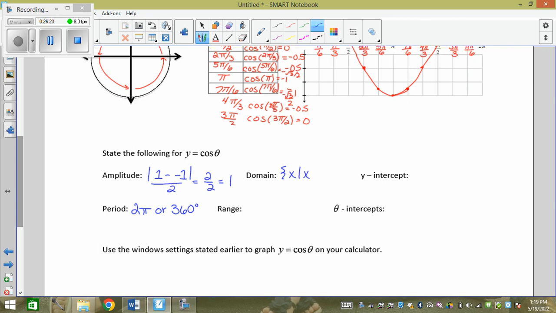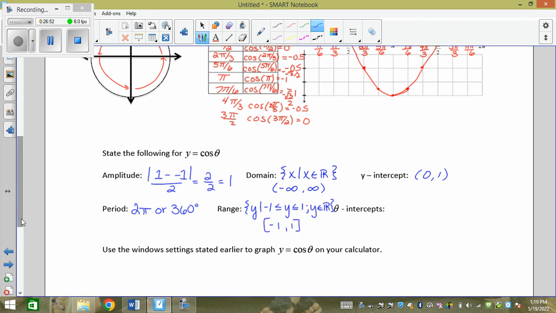Or negative infinity to infinity. And what's the y-intercept? (0, 1) this time instead of (0, 0). Your range is still, in set notation, y such that -1 is less than or equal to y is less than or equal to 1, y an element of the reals. -1 to 1.